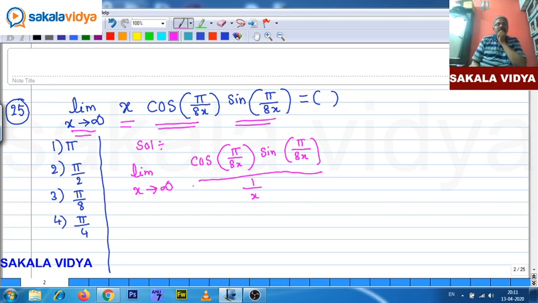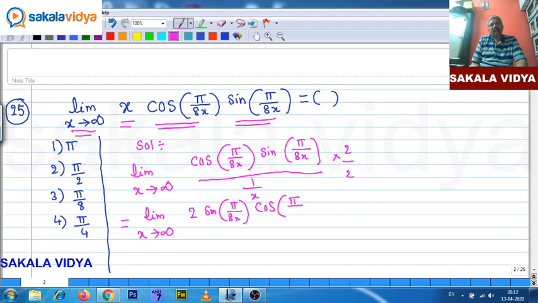So one thing you do now here, multiply and divide by 2. So what do you get now here? Limit x extends to infinity, the numerator can be rewritten as 2 sine of pi by 8x cos pi by 8x, upon 2 by x, or 2 into 1 by x.